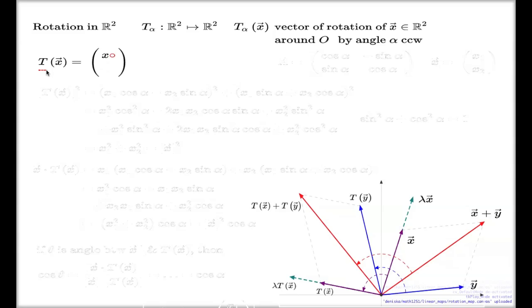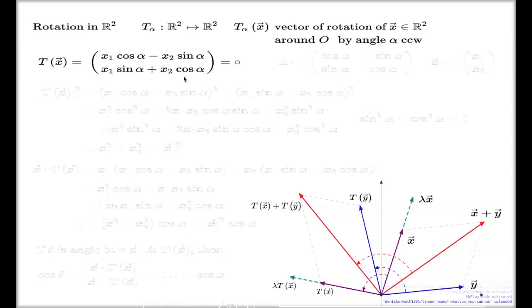Here's my suggestion. For the vector x in R2, I suggest the linear map like this. You see, it's a two-dimensional vector with components. That's the first component, x1 cos alpha minus x2 sine alpha. Here's the second component, x1 sine alpha plus x2 cos alpha.